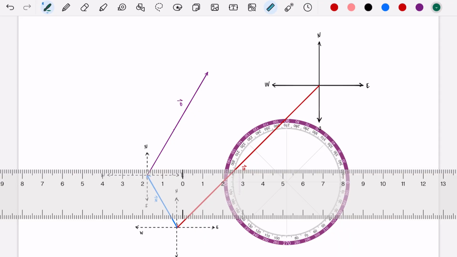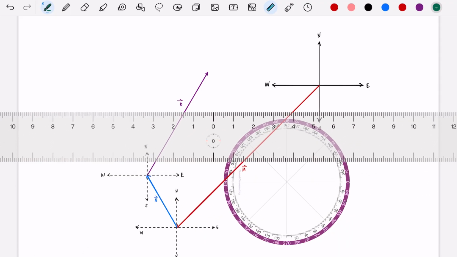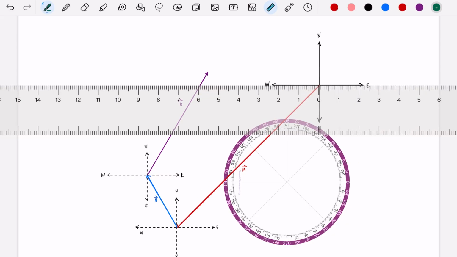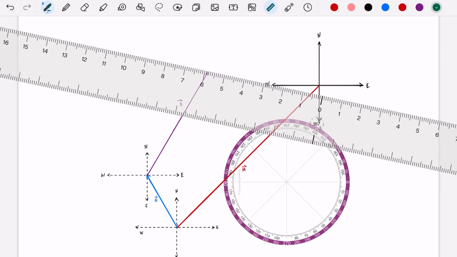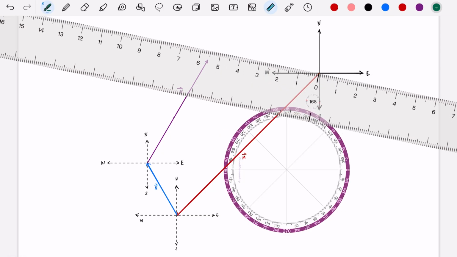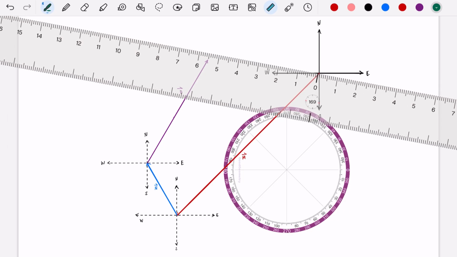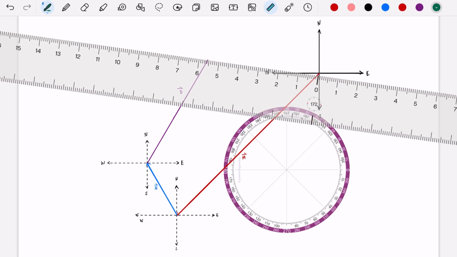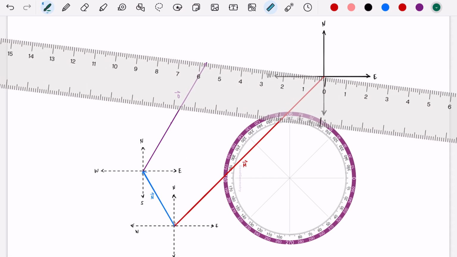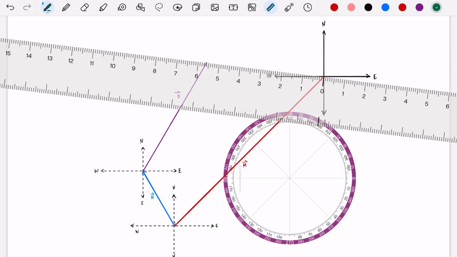From here, guys, I have to measure the length from 0 up until the tip of the last vector which I added. Let me get this right by tilting my ruler. Okay, I think this is good, but I would like to be very precise. Right, like that. So let's do the measuring.